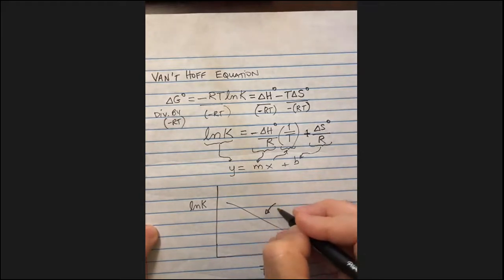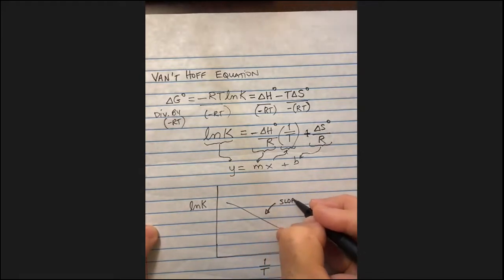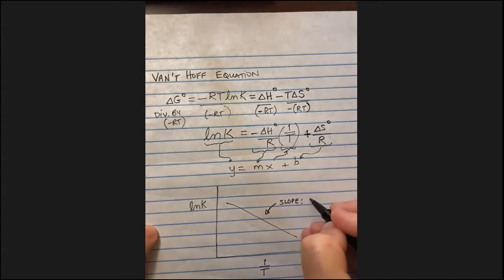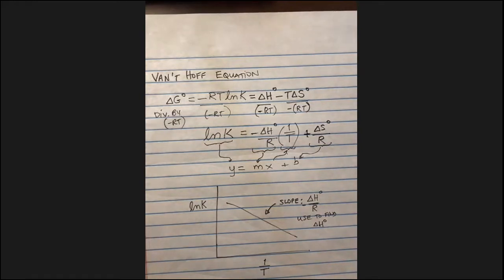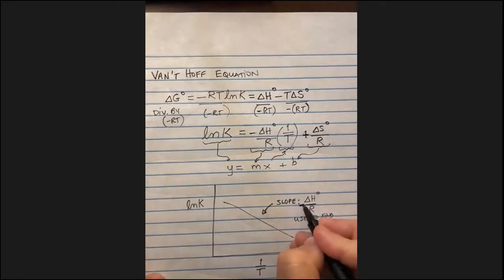And the slope of that line would be minus delta H naught over R. Since R is a constant, I can use this to find what is delta H for this process. Now be careful, this is negative.